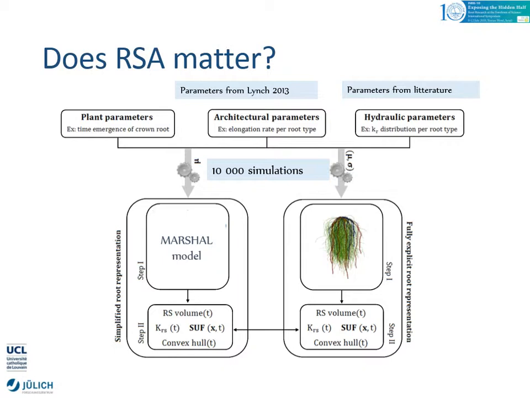This is our reference. And then we used the model of Félicien to represent, based on these traits, the upscaled parameters, the volume of root, the conductance of the system, and so on. And we compared both. And the question was, do we need the explicit representation of the 3D architecture to be able to represent root conductance?